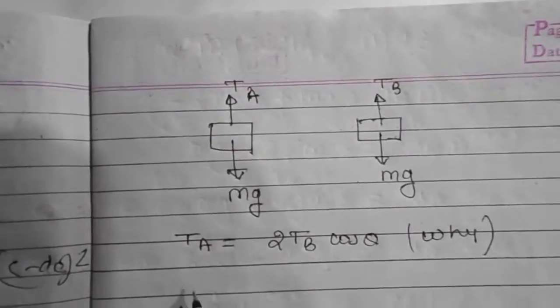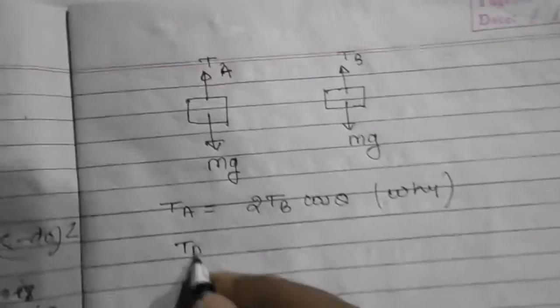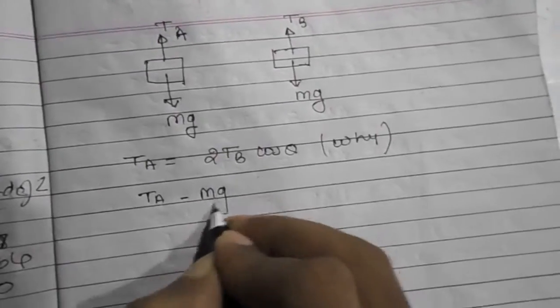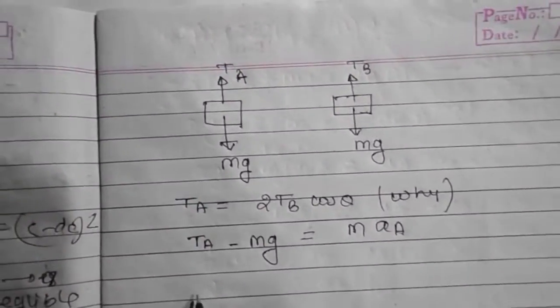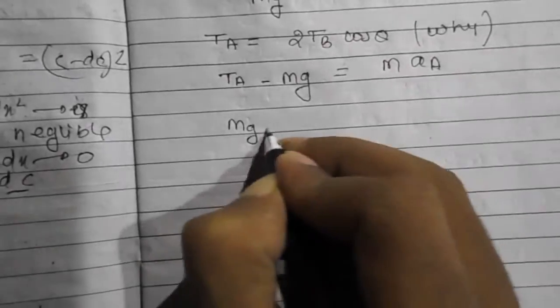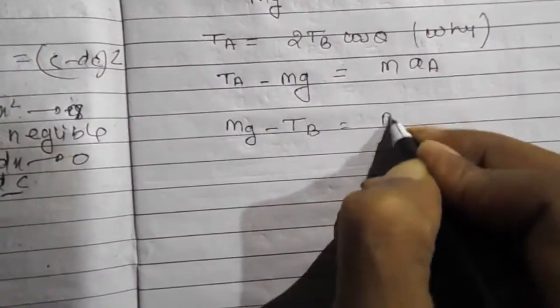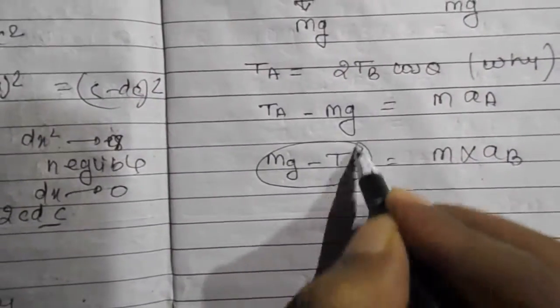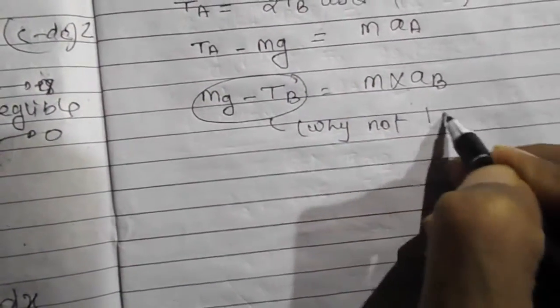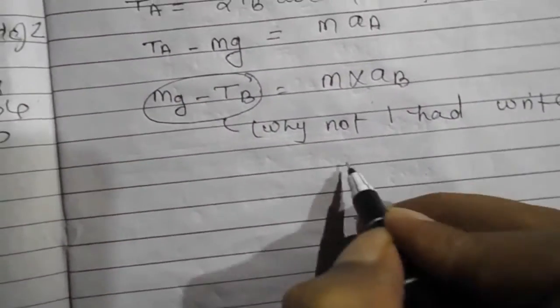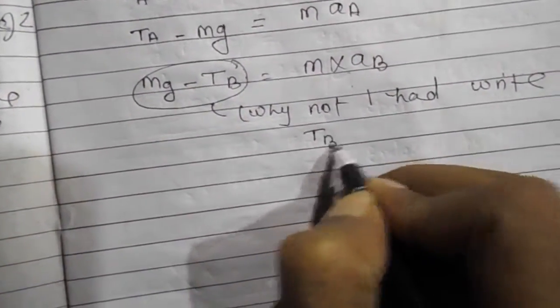Yeah, it's correct. Okay, so can I write TA minus mg is equal to m into acceleration of A. And mg minus TB is equal to m into acceleration of B. Why not I write TB minus mg?